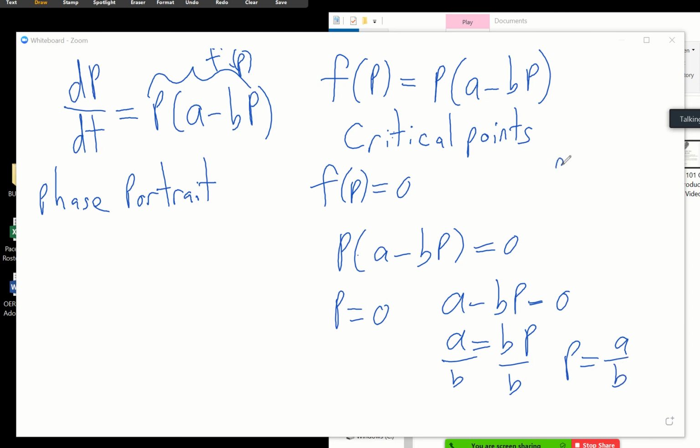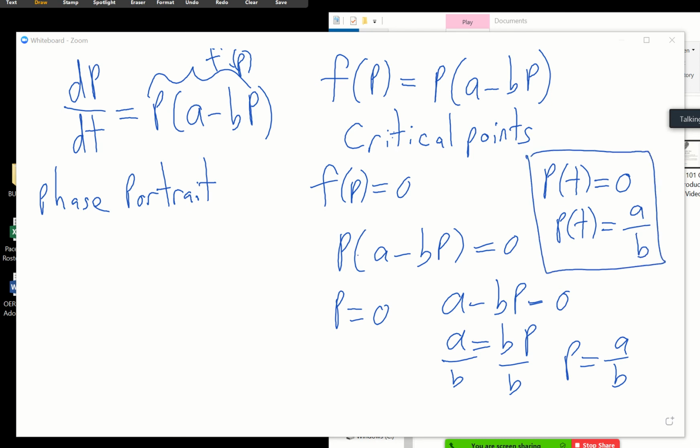So we have two equilibrium solutions here. They are the following. One is the constant function p of t equals 0. The other constant solution, p of t, would be equal to a divided by b. So those are our two and only constant solutions for this differential equation.